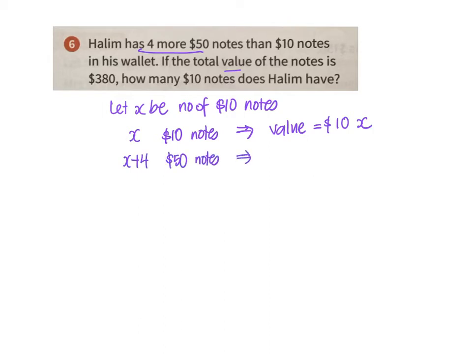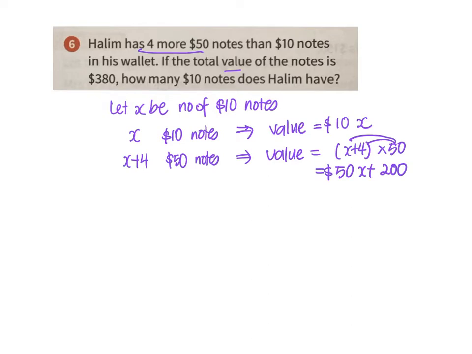What's the value for this? If let's say I have 3 $50 notes, that will be 3 times 50, $150. So now if I have x plus 4 times $50, I will get a total of 50x plus $200 for the value.